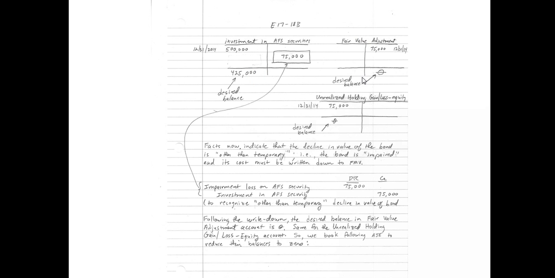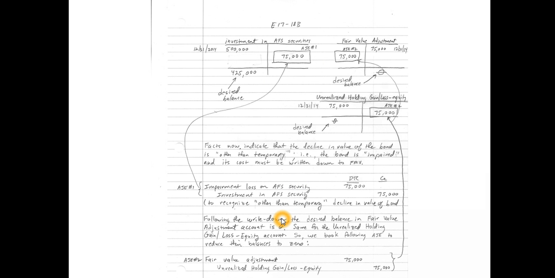So these two accounts need to be zeroed out. So the adjusting journal entry that we're going to make to do that is debit the fair value adjustment account $75,000, that's here, and credit the unrealized holding gain or loss equity account $75,000, that's here.